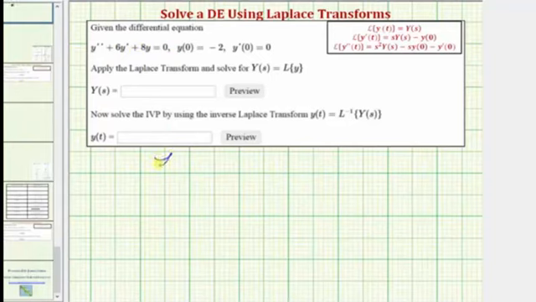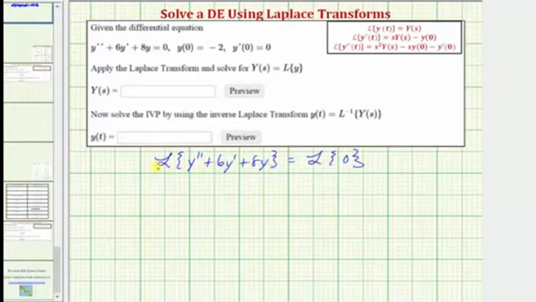So we'd have the Laplace transform of y double prime plus 6y prime plus 8y equals the Laplace transform of 0. And now we'll use linearity, or the properties of Laplace transforms, and rewrite the left side.